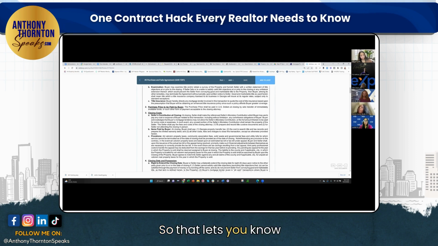So that lets you know they didn't know what they were doing. If you're going to use a closing attorney, you need to sit down with, you're running a business, your closing attorney just took money out of your pocket. How much money was it? It was 0.5%, so it was about 13 hundred. If you close 10 deals, it will be 13 grand. So you need to have a $13,000 conversation with the law firms that you're using.